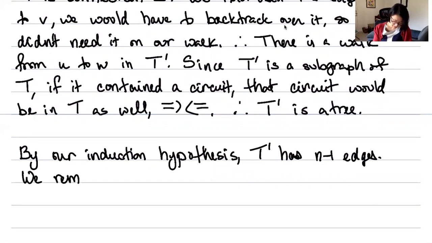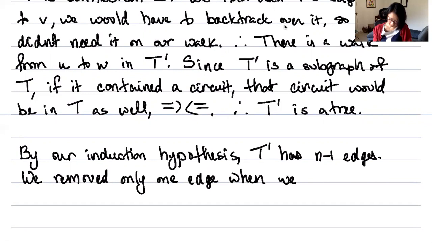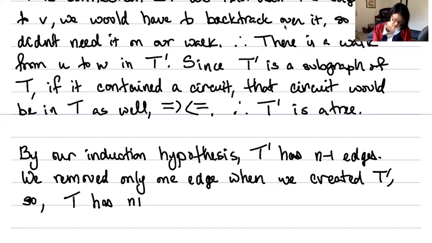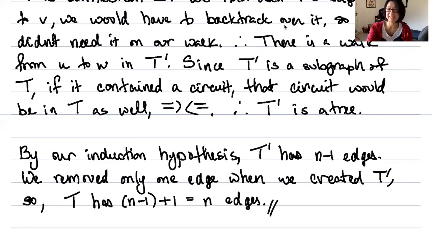We removed only one edge when we created T prime. So T has n minus 1, the number of edges in T prime, plus 1, which is n edges. And that's exactly what we wanted to show. All right, that is enough for this video.